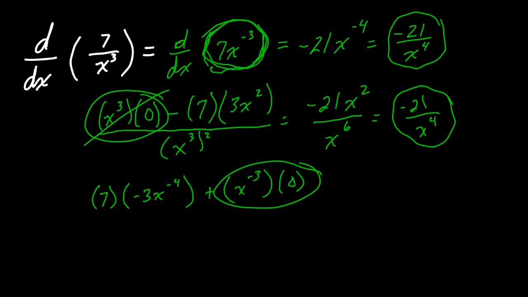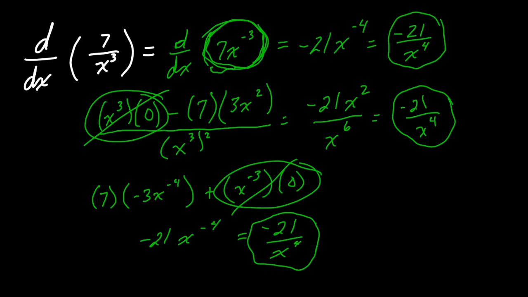So once again, that value is 0. 7 times negative 3 is negative 21, x to the negative 4, which is negative 21 over x to the 4th. So that is 3 different ways of taking our derivative of this function and converting it to a power rule is probably the easiest, because power rule is a very simple way of taking a derivative whenever you can.